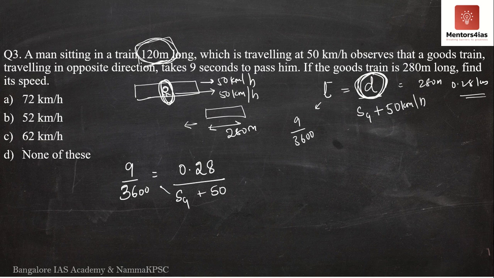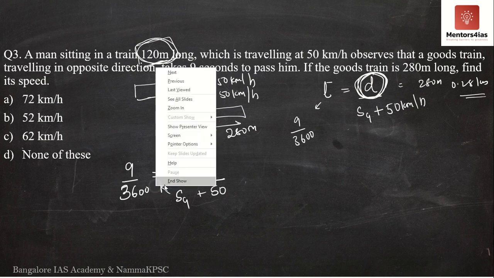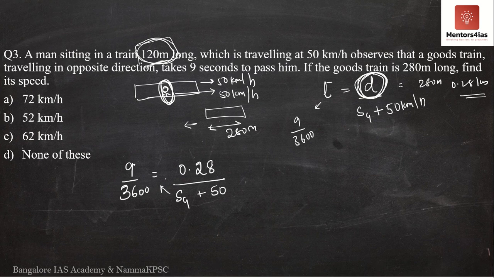So we'll take 9 fours are 36, so we have 400. The speed of the goods train plus 50 is equal to 400 taken to the other side, nothing but 4 into 28. 400 into 0.28 is nothing but 4 into 28.